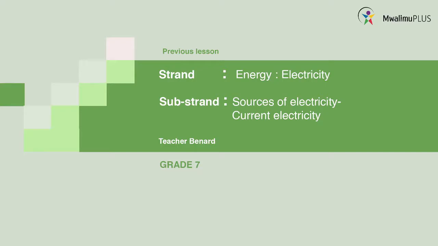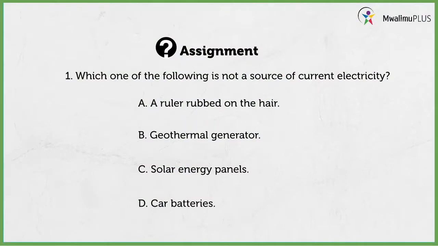I gave you a question and it is like this. Which one of the following is not a source of current electricity? A. A ruler rubbed on the hair. B. Geothermal generator. C. Solar energy.